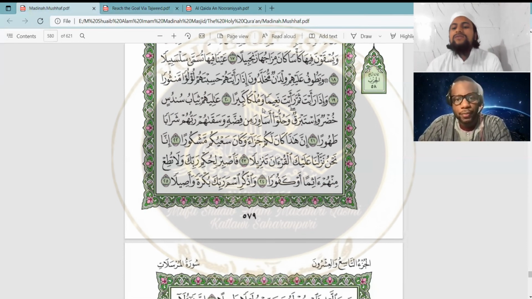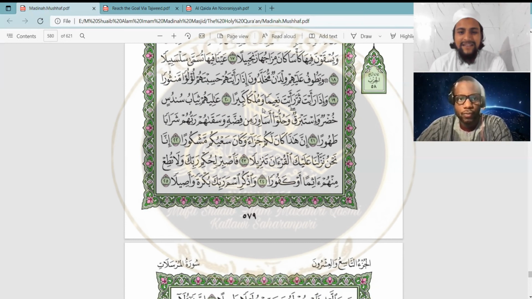So waw belongs to yanmu letters, and in fact it belongs to yarmalun letters, but the yanmu is especially selected for idgham with gunna. Clear everything now? Okay, this is the reason.